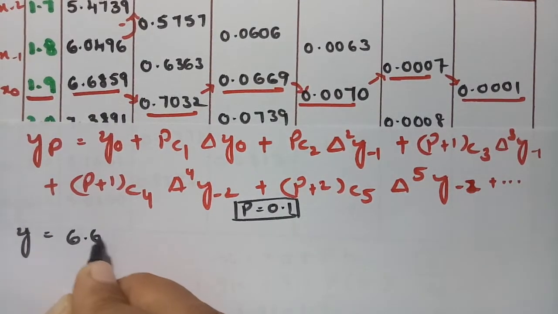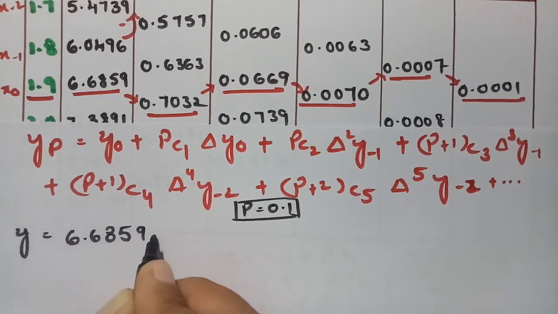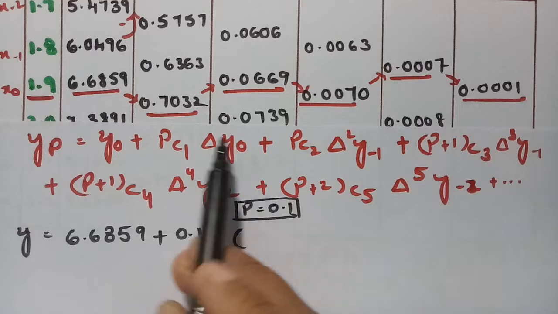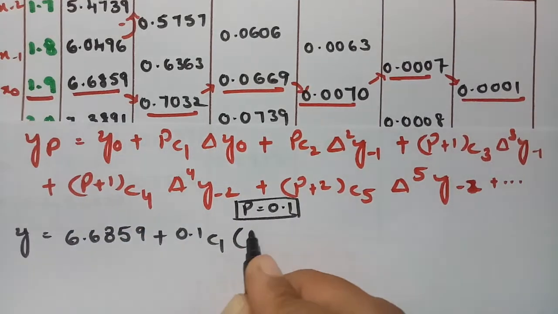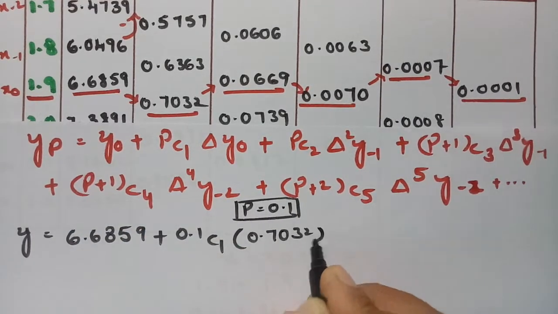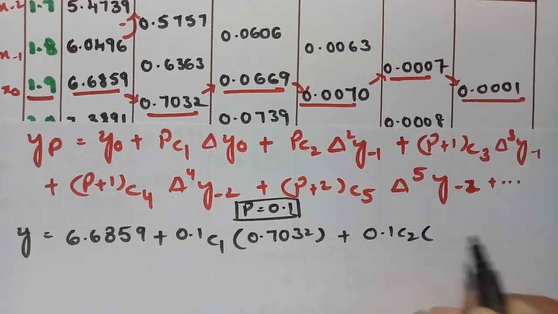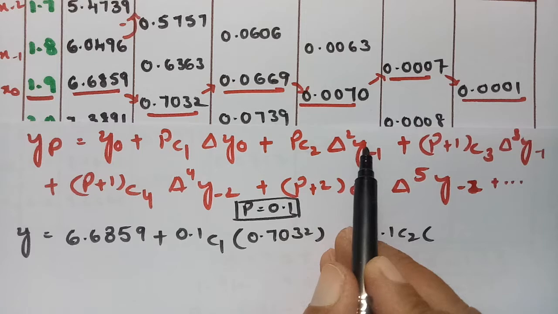It is 6.6859, plus what is our p value? This is 0.1 C1 into the next value here, 0.7032, and the next is 0.1 C2, that is pC2, into delta square.